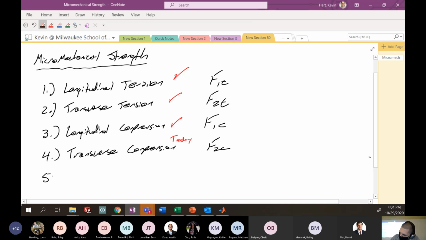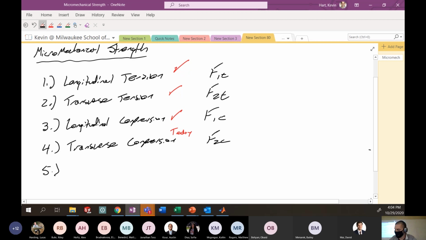And the last one is macro level shear, and this is going to be F6. That's because it's this in-plane 6 direction, which is the 1-2 direction, which we for some reason call the 6 direction.